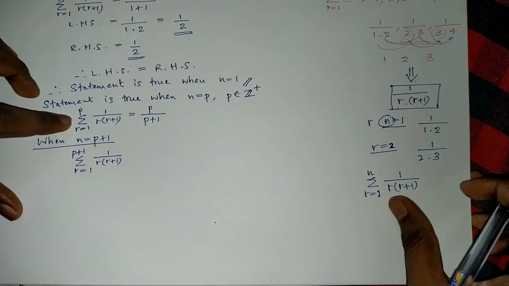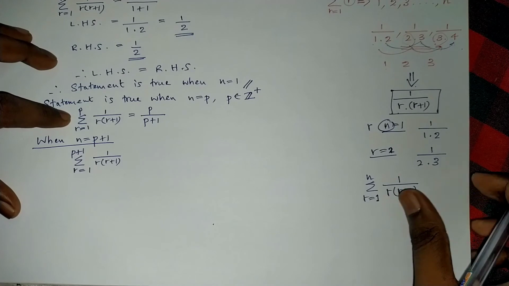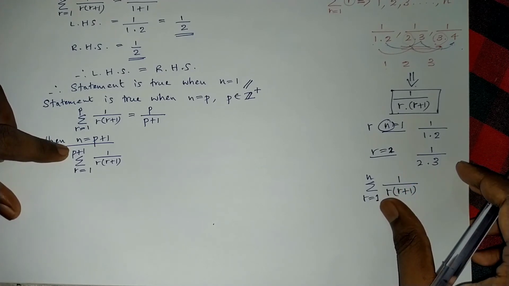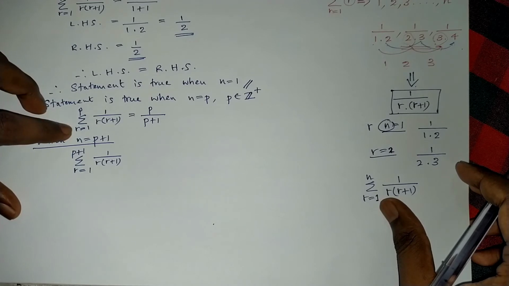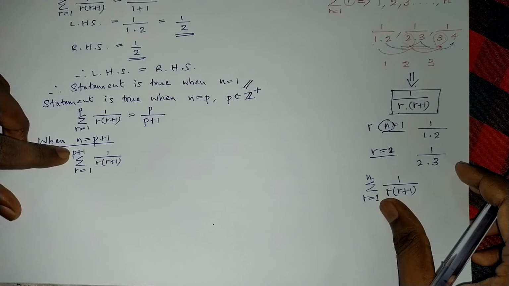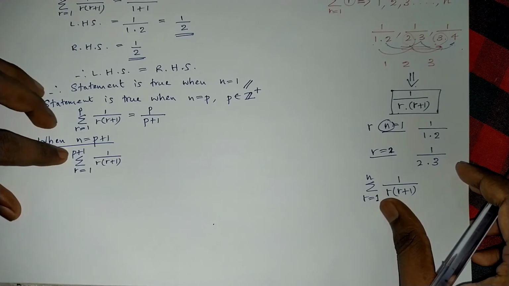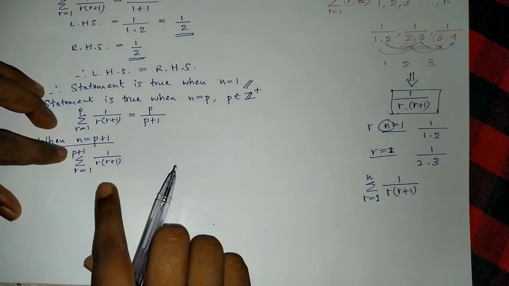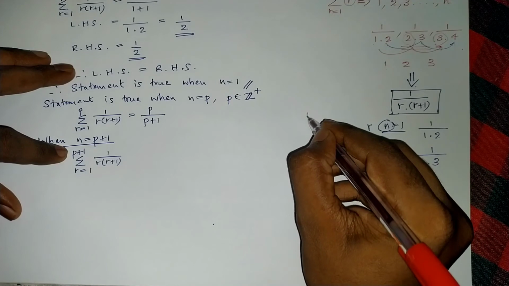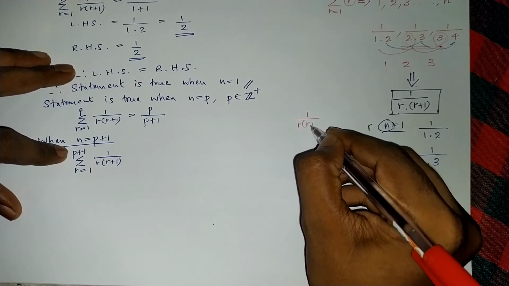What is that additional term? It is the p plus 1th term. I repeat, this went up to p. This goes up to p plus 1. That means we have one additional term, that is p plus 1. So this is the common term of our series, 1 over r into r plus 1.